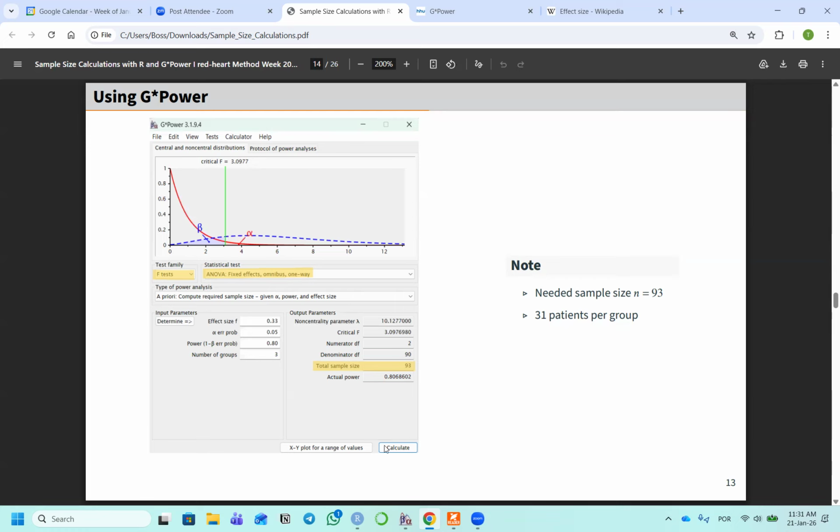If you simply click on calculate, you end up with a total of 93 patients needed to see if there is a significant difference between these treatments. If you divide 93 by 3, you get 31 for each group.